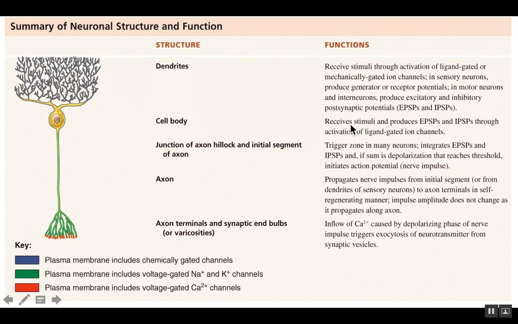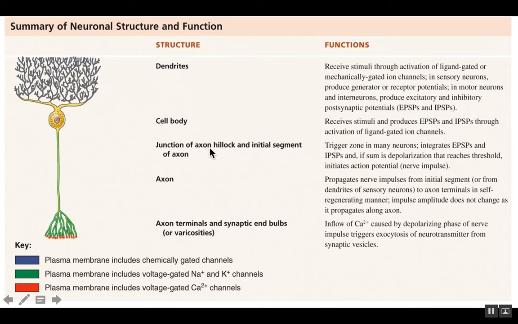The cell body basically is the area similar to dendrites. It can receive stimuli, but it's going to contain the nucleus. So this neuron, in fact, can get stimulated anywhere where there's yellow, the dendrites as well as the cell body.